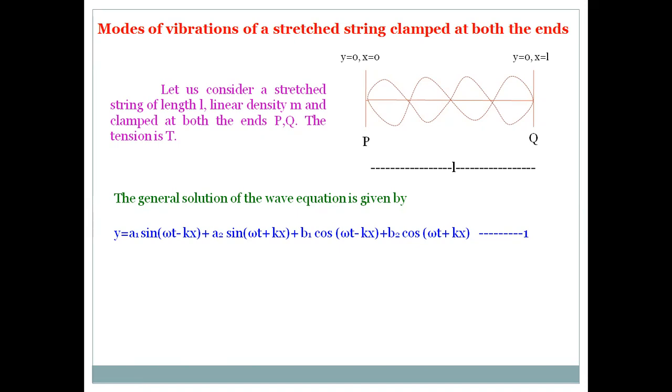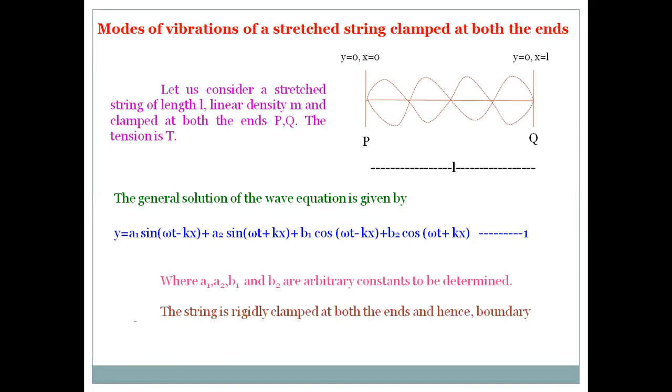So when we apply these two boundary conditions, that is, the first boundary condition is y is equal to 0 at x is equal to 0, and the second boundary condition is y is equal to 0 at x is equal to L, we can get the required modes of vibrations.